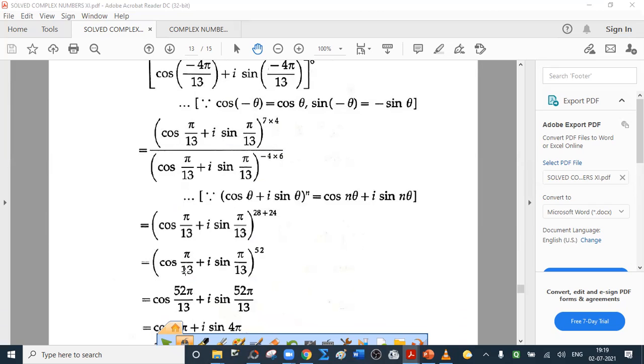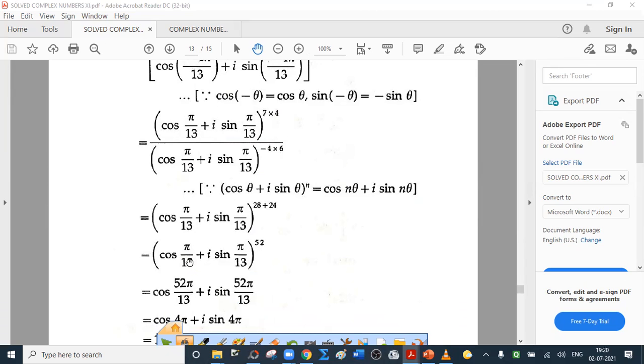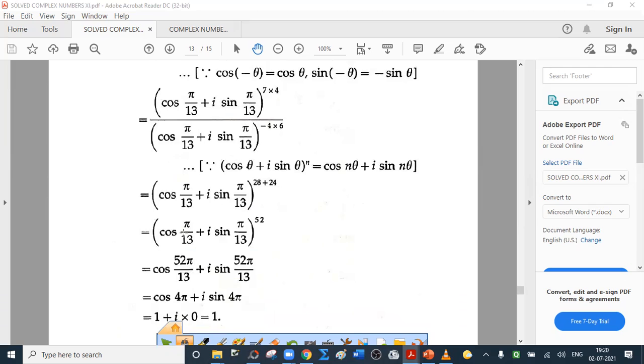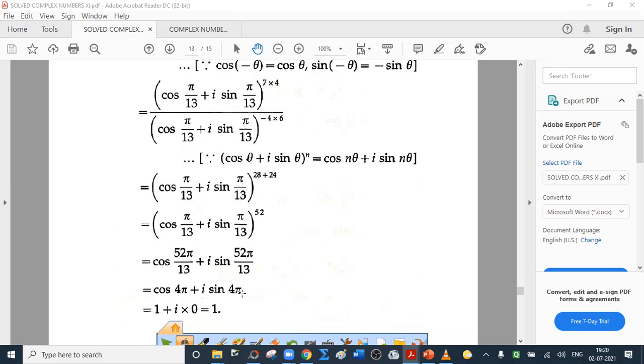Now (cos theta plus i sin theta) raised to n is cos n theta plus i sin n theta. n is 52. Theta is pi by 13. So cos of 52 pi by 13 plus i sin 52 pi by 13, that is cos 4 pi plus i sin 4 pi. Now sin 4 pi is equal to 0 and cos 4 pi is 1. So the final answer is 1.